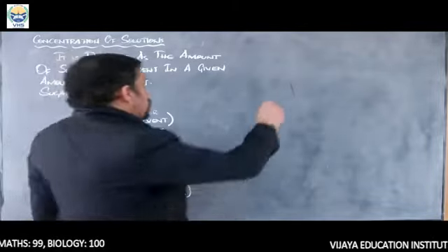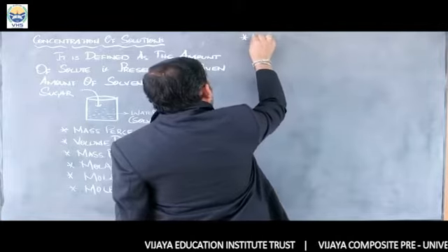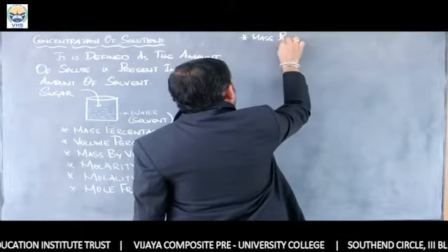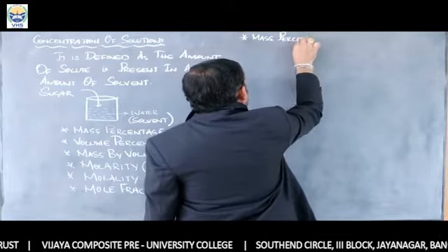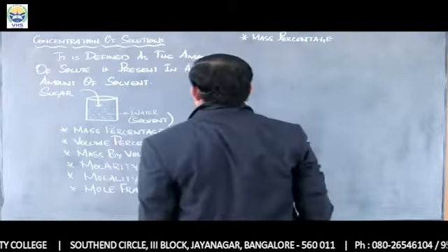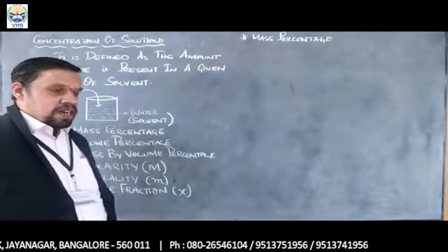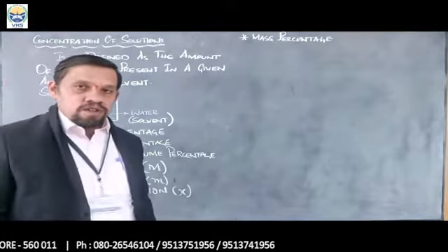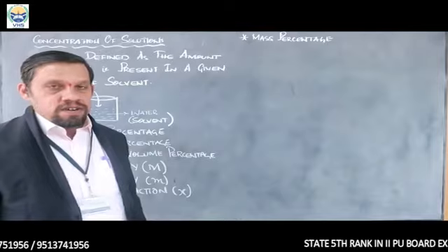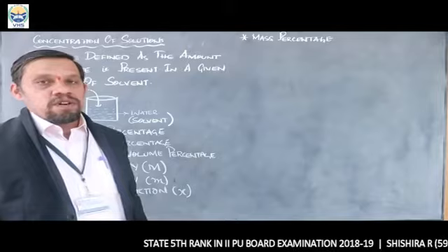Now let us try to understand what is meant by mass percentage. Let me consider, I'll take around 10 grams of sugar and dissolve it in 100 grams of water.